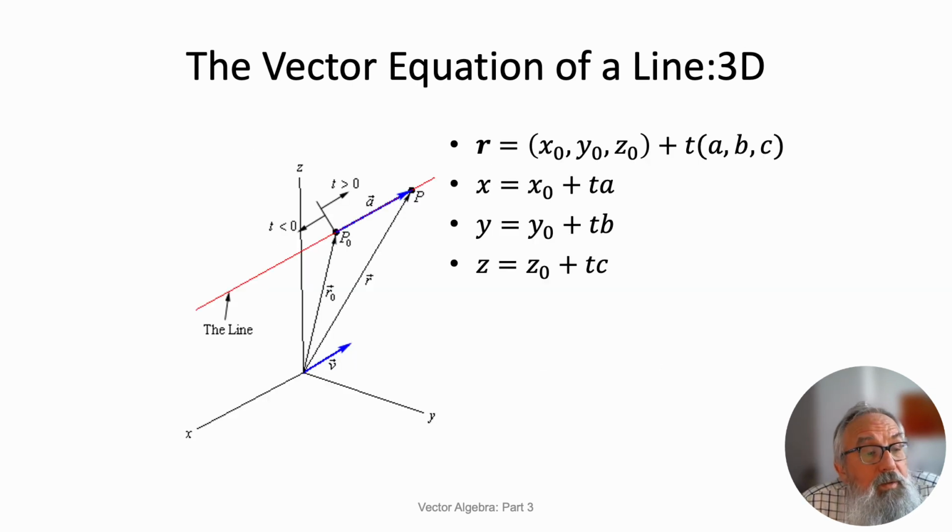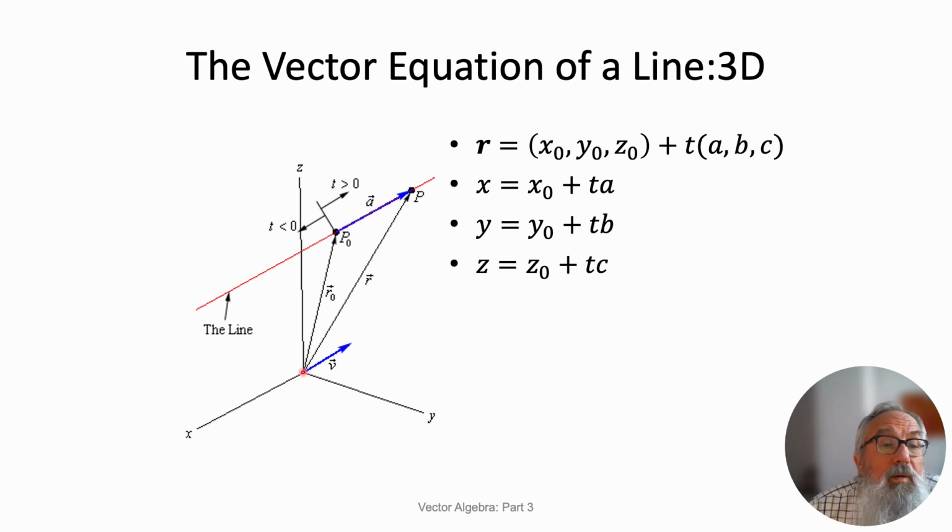Here's a picture of this represented in 3D. R is (x0, y0, z0) plus t(a, b, c).